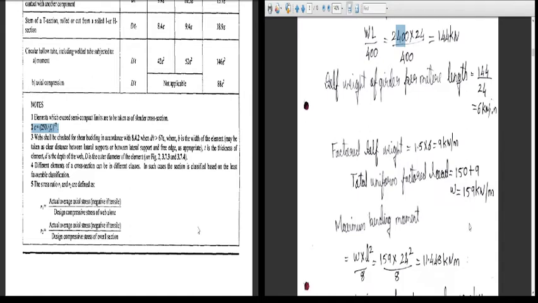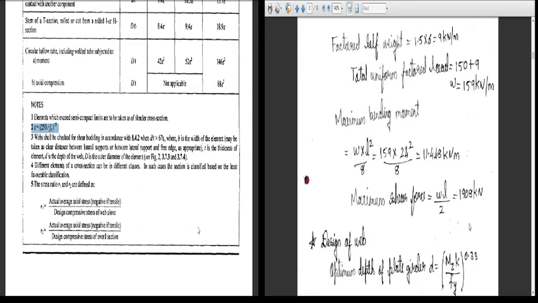Now the first step is computing the maximum bending moment and shear force. It is considered as a simply supported beam with UDL, so the maximum bending moment will be WL square by 8, which will be at the center portion. W is 159 kilonewton per meter, so 159 into 24 square divided by 8, as the length is 24.